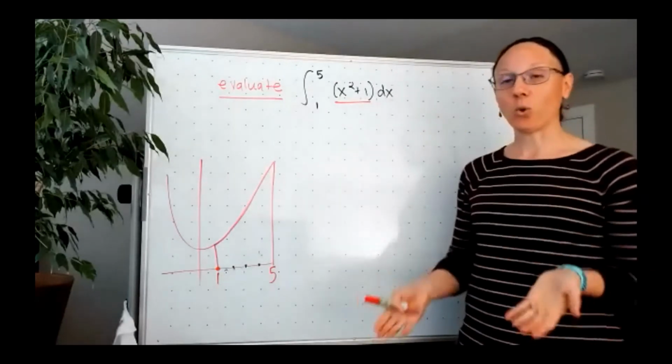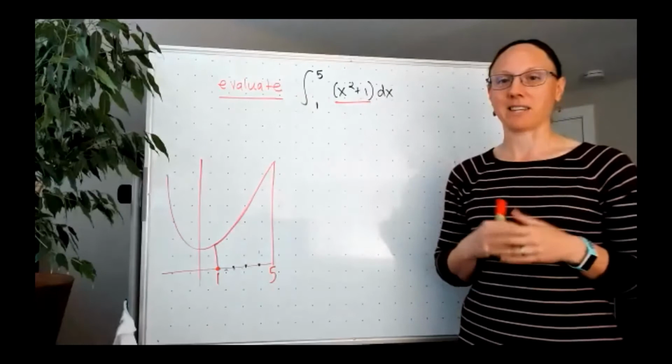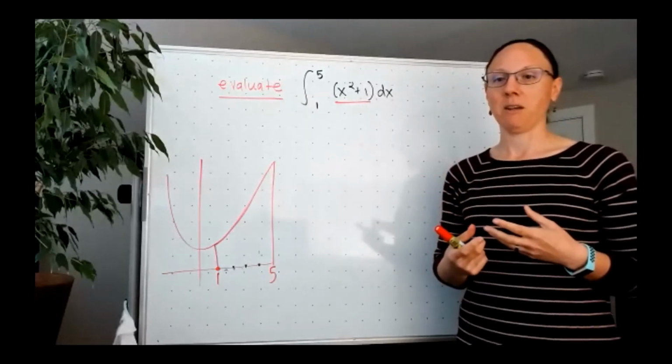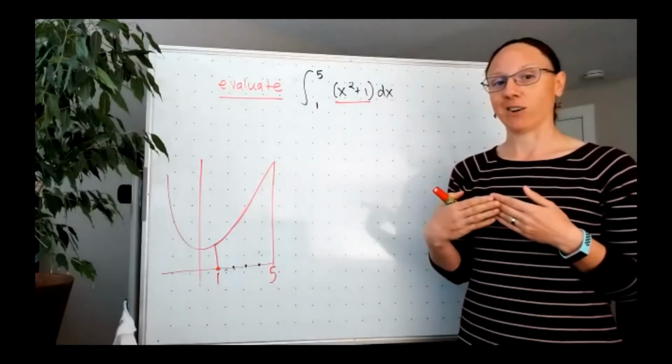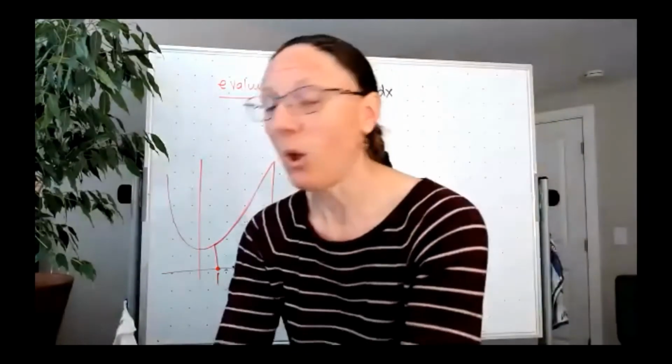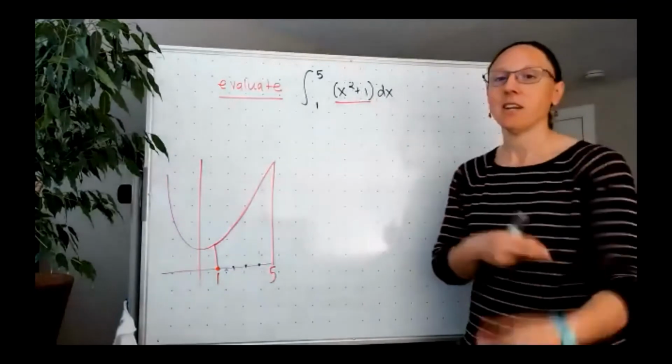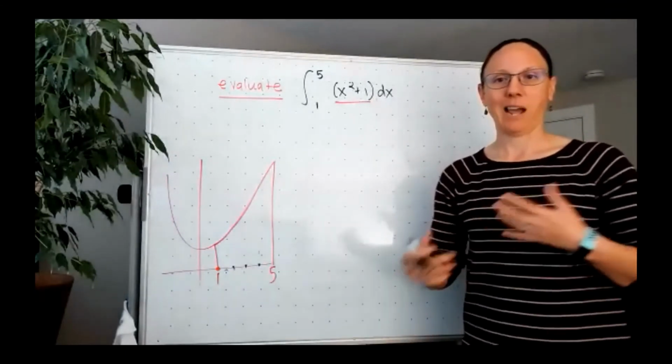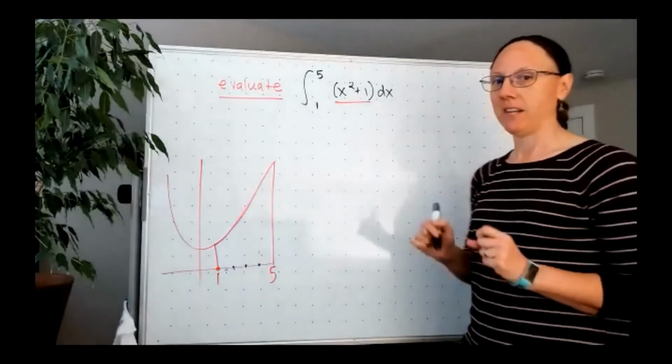At this point, our only option, if we're going to evaluate this, is to write the Riemann sum and let the number of rectangles go to infinity. So let's practice that. We're not going to finish it all the way out, but we can set it up and practice with the notation.